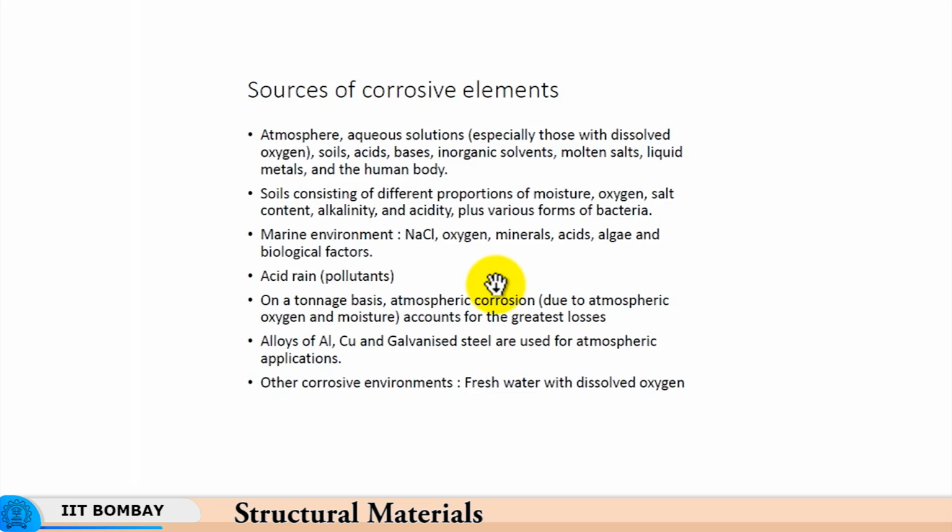Marine environment contains sodium chloride, where chlorine ions are extremely dangerous, and then you have dissolved oxygen, minerals, acids, and many other biological factors. If you take the atmospheric environment, you have all kinds of gases released from industries which result in acid rain.